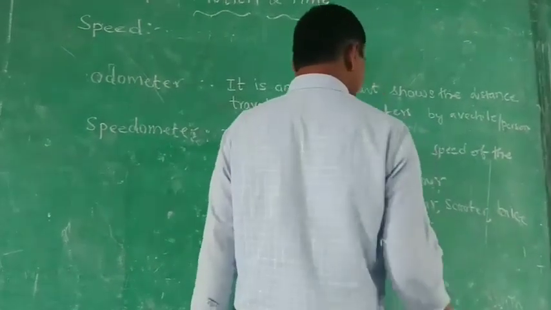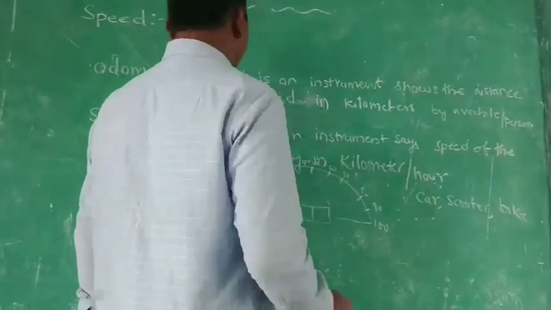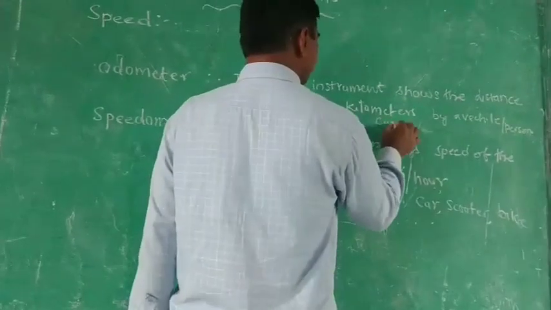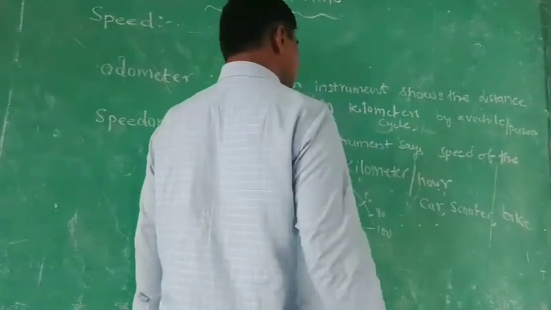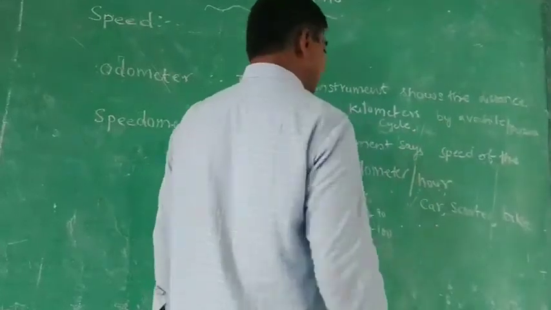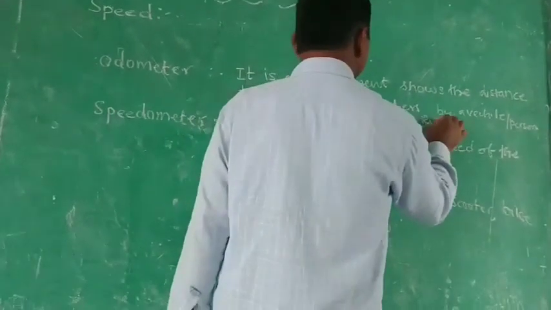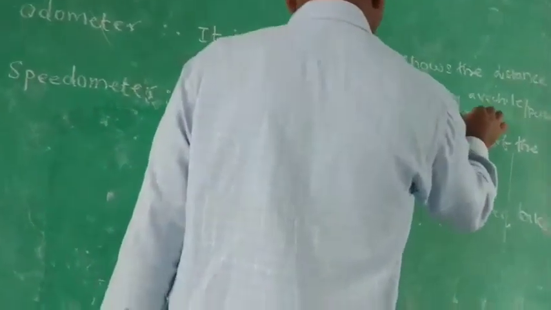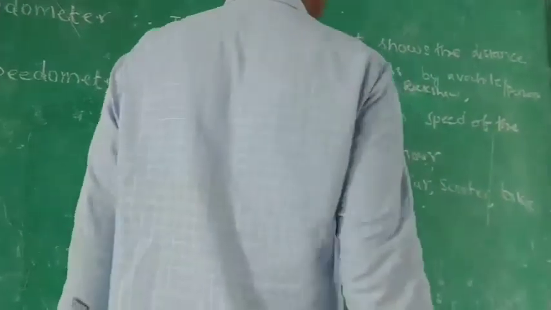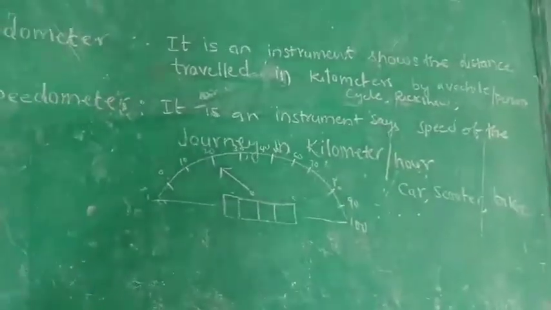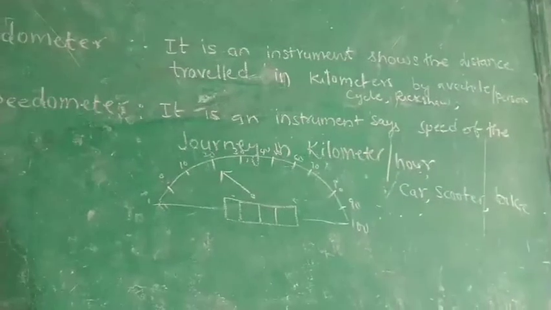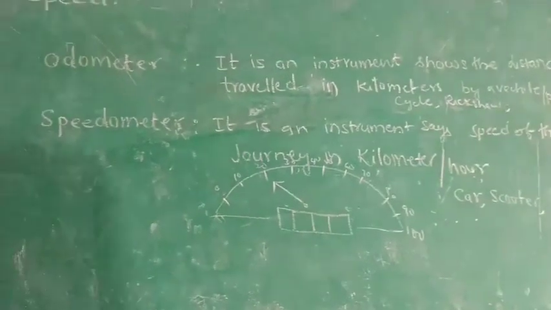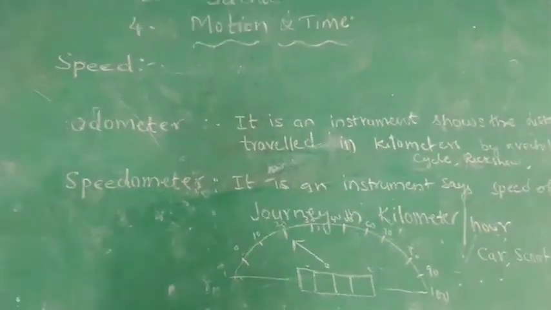If it is only a bicycle, or if you see any more, your rickshaw, all the vehicles which you have, you can write about this. Yes, this is about the odometer and the speedometer.